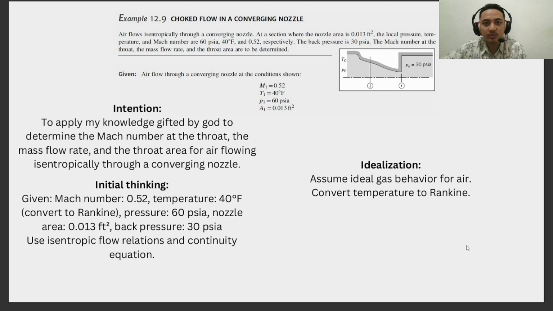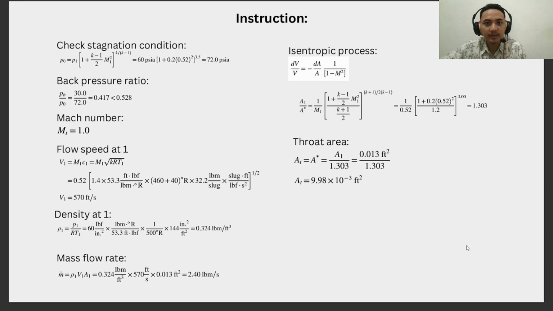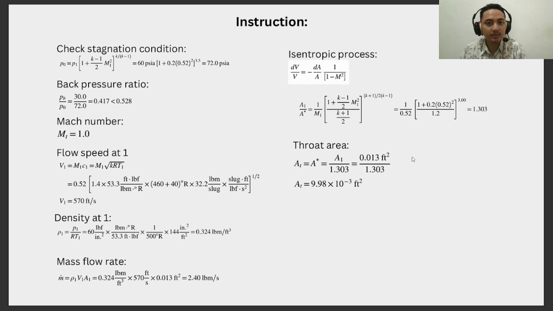For idealization, we assume ideal gas behavior for air and convert temperature to Rankine. And then in instruction, we check the stagnation condition and then we check the back pressure ratio. And then we find the Mach number, and then we see the Mach number is 1.0, and we see the flow speed at 1 equals 570 feet per second. And then we see the density at 1 equals to 0.324 pound per cubic feet.